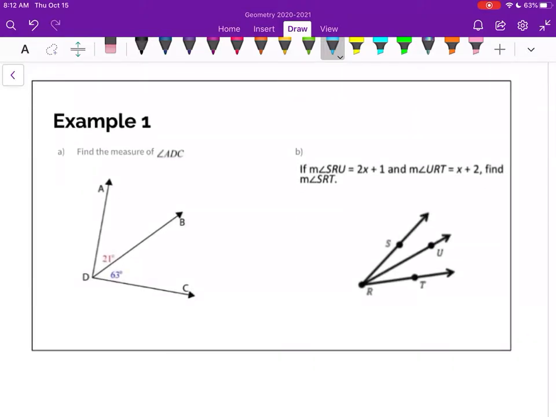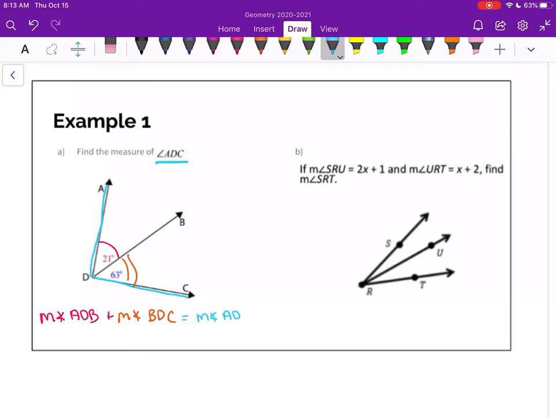So our first example asks us to find the measure of angle ADC. So ADC goes from A to D to C. And so if I look at the picture, I have two angles, so I can say that the measure of angle ADB plus the measure of angle BDC, this one over here, is going to equal that whole thing.